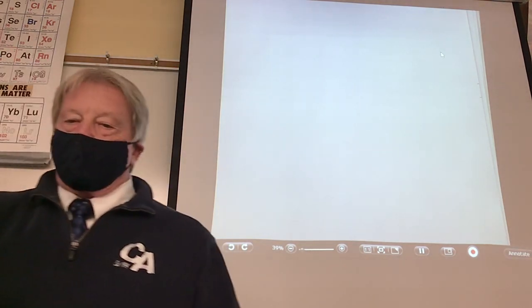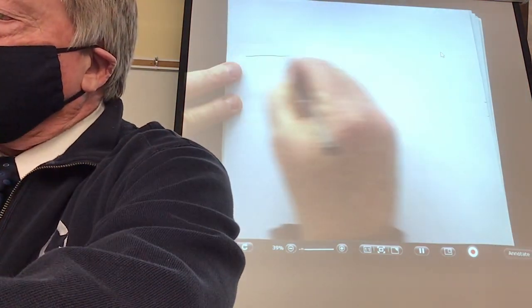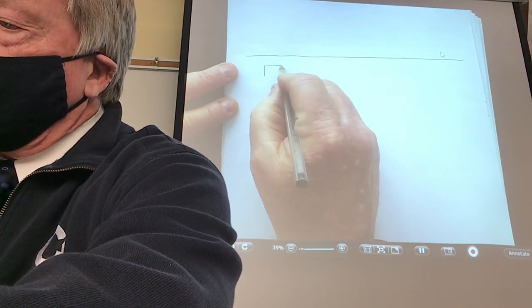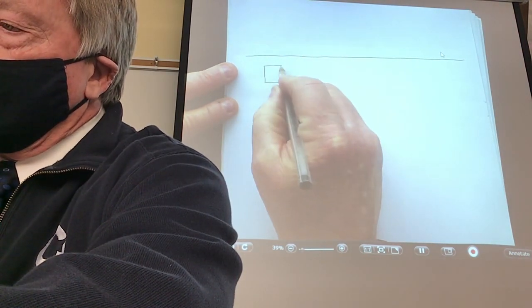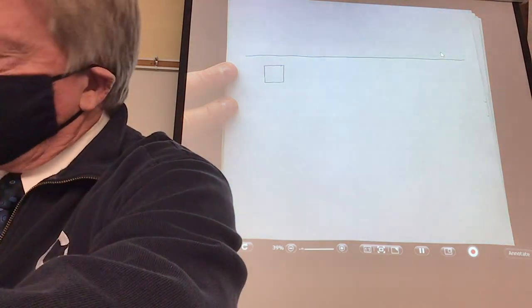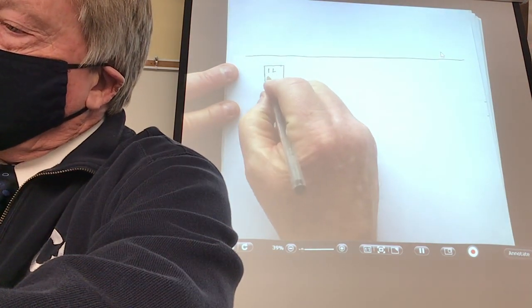I want you to think about a scenario. It's kind of a weird scenario, but let's imagine we have some water here, and let's say I have a 1 liter container, and let's say the first 1 liter of water. Let's do that. 1 liter of water.